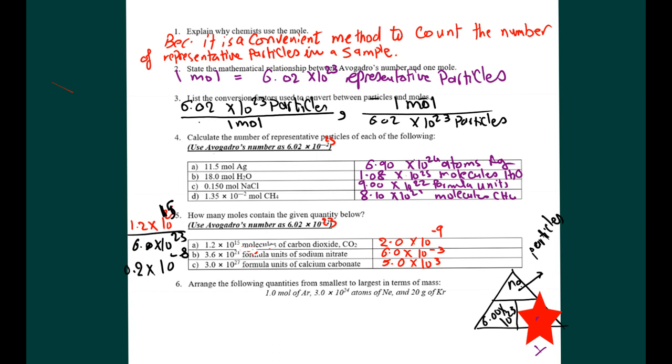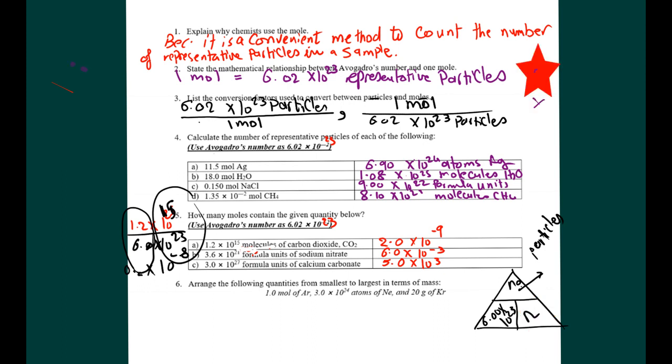So your answer will be 0.2 times 10 power negative 8, or 2 times 10 power negative 9. Just remember that when we divide, do the values first and then subtract the powers. When we divide, we subtract the powers.